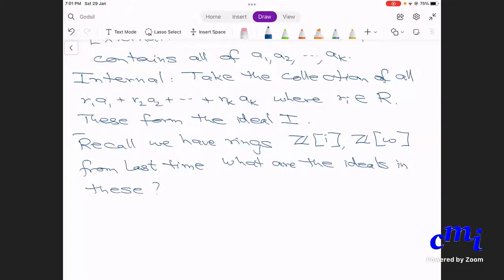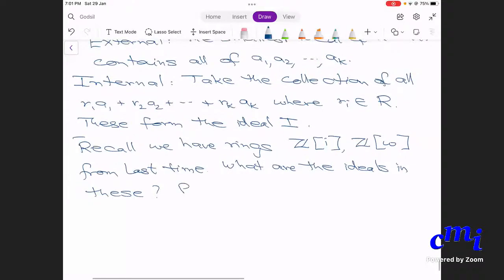Now, it's a fact, which maybe I will try to prove next time if I need it, that both of these rings are examples of Euclidean domains. Which means there is a version of the Euclidean algorithm which works for these rings.